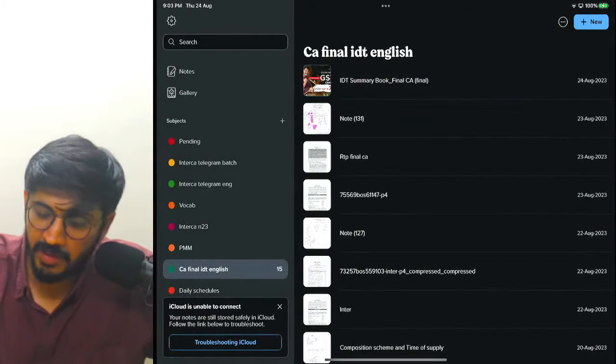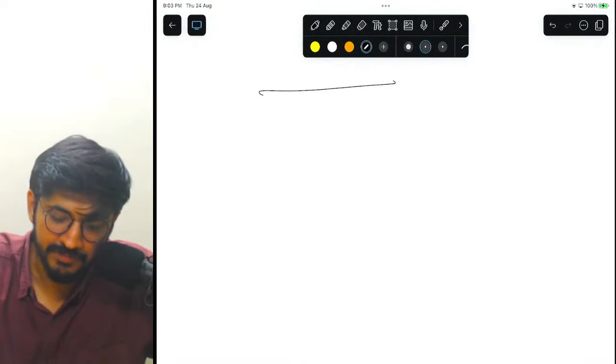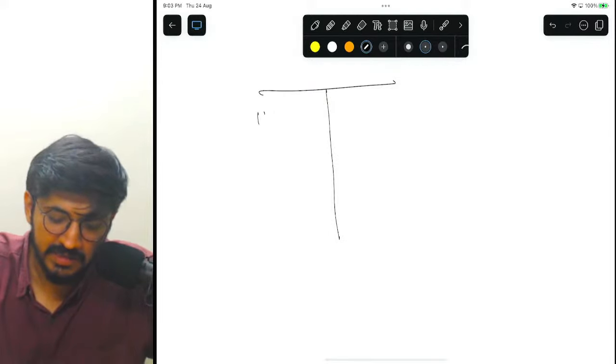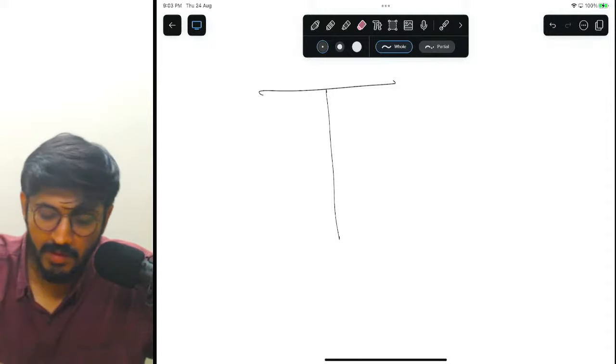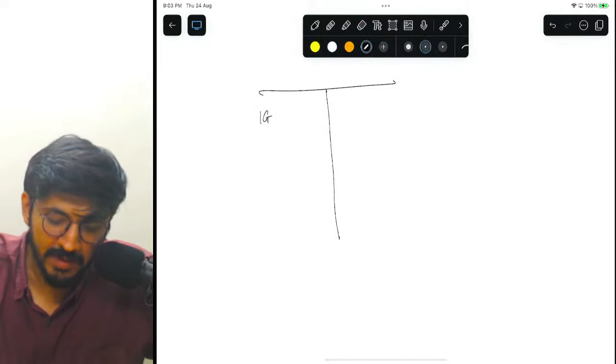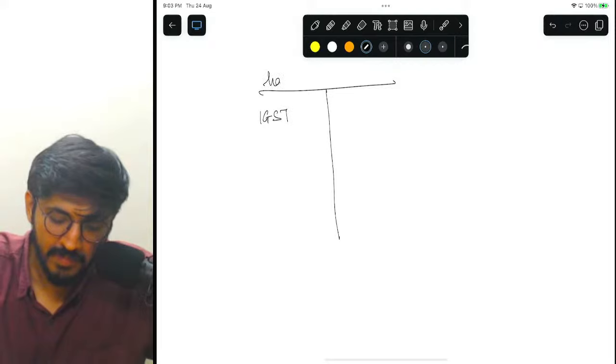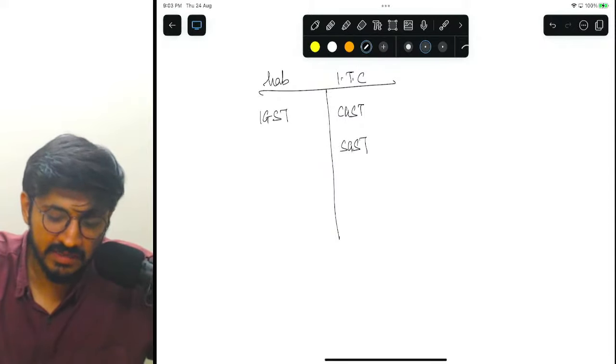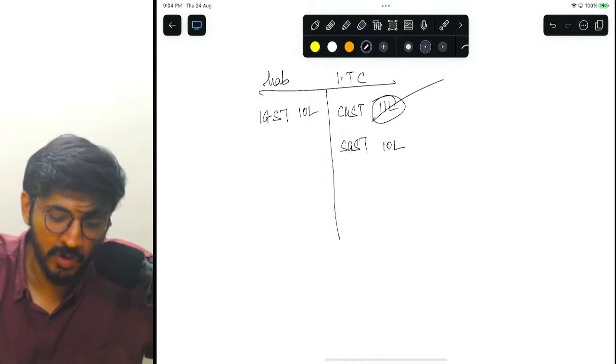So simple. For example, if you have IGST liability and ITC of CGST and SGST, then understand, if IGST liability is 10 lakhs and CGST credit is, let's say, 11 lakhs and SGST is 10 lakhs, use CGST credit first and knock that off first.